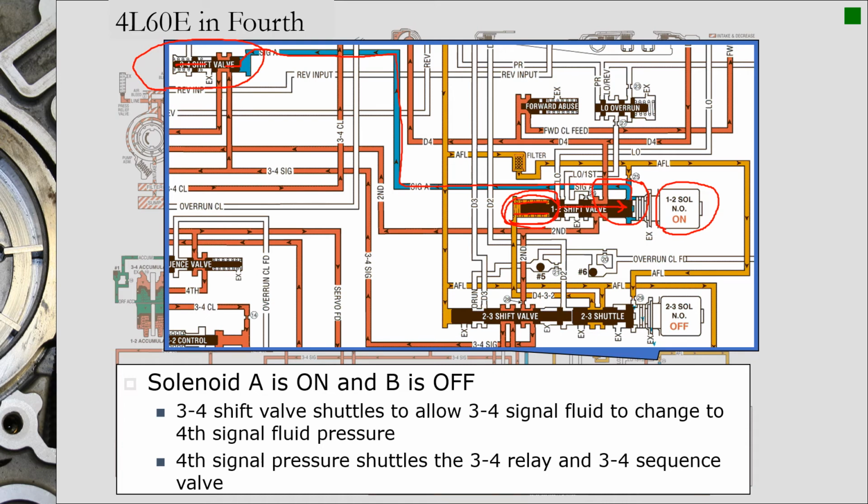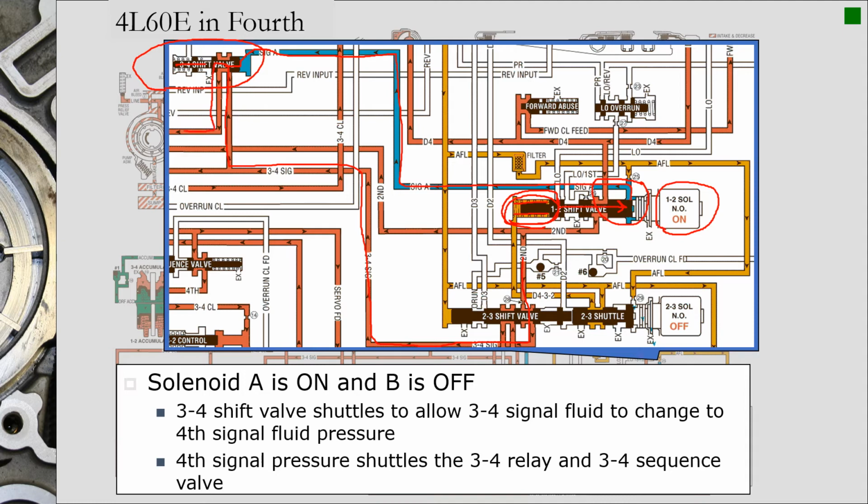And what happened when we did that is we were able to take this 3/4 signal pressure, and where it comes up, it's now going to be able to go through the 3/4 shift valve. We'll see where it goes next.